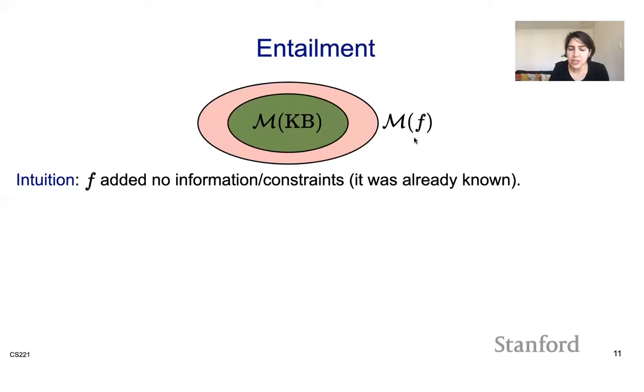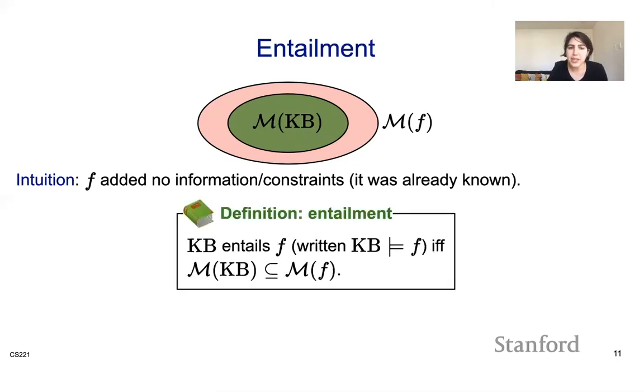This is a scenario where F is not adding any new information or constraints; it is telling me things I already knew. We say KB entails F, written using this double line symbol, if and only if models of KB is an intersection of models of F.